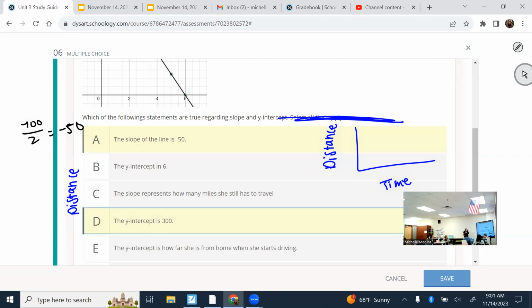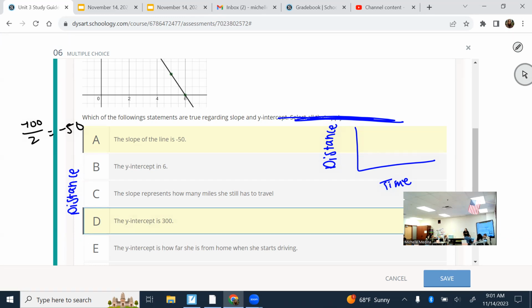Slope always tells you this about the equation or the situation. It's always what it is. I've talked about it so many times, I'm not gonna flat out tell you again. I guess you could say average what, though?